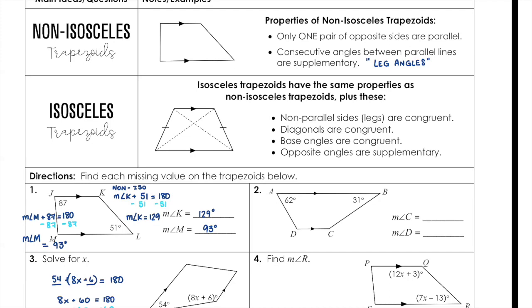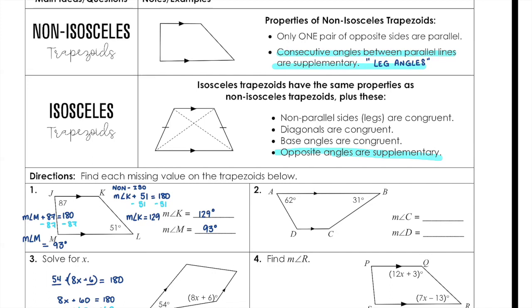And then opposite angles are supplementary. They almost repeat themselves here. When they say opposite angles are supplementary, it's because it still follows the rule up here. If the base angles are congruent, then obviously they're going to be supplementary to the two up top, no matter which direction we go.